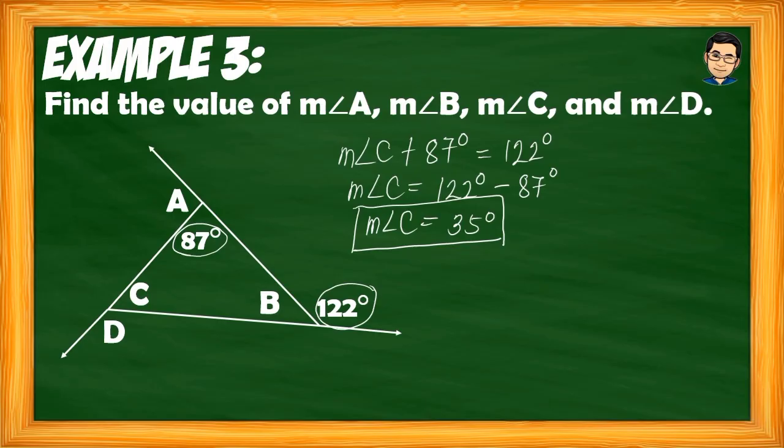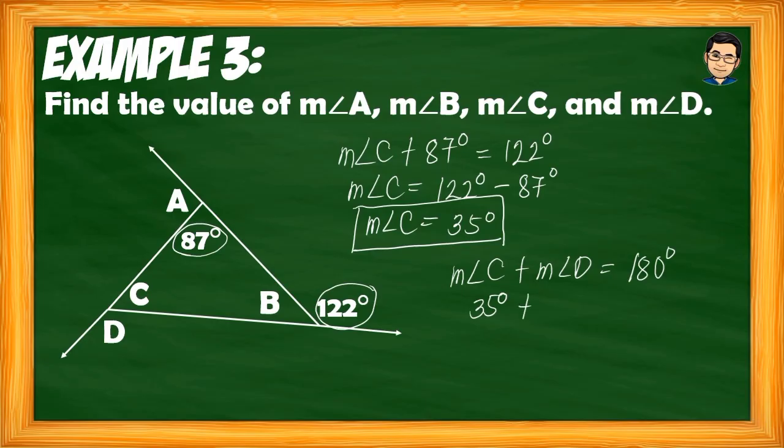Now, to solve for the value of measure of angle D, so angle C and angle D are supplementary. So, they form linear pair. So, measure of angle C plus the measure of angle D is equal to 180 degrees. Now, measure of angle C is 35 degrees.